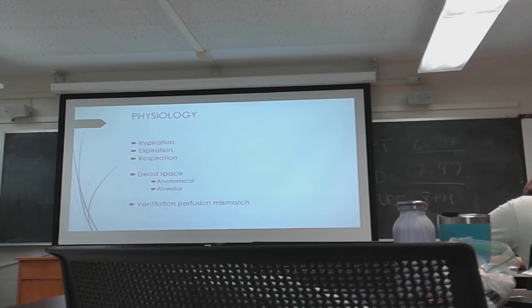Another term the textbook talks about is ventilation perfusion mismatch, and you'll see it called VQ mismatch. It can be caused by anything which increases or decreases ventilation, or increases or decreases perfusion to the lungs.